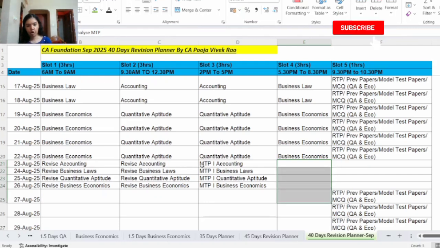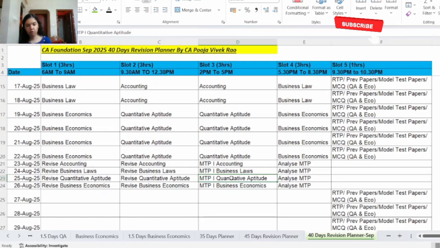And then in the fourth slot, after completing the mock test paper, you will analyze your answers of the mock test paper with the ICAI answer. The ICAI will host the answer of the mock test paper on the BOS portal. So compare your answer, and subject-wise make notes as to what has gone wrong, whether you have gone wrong in presentation, or you need more conceptual clarity, or you have used any wrong formats for accounting, and for business law whether you did not mention the correct provision number.